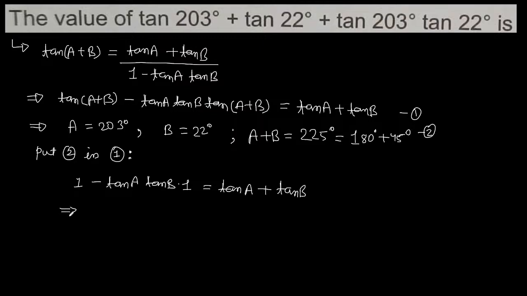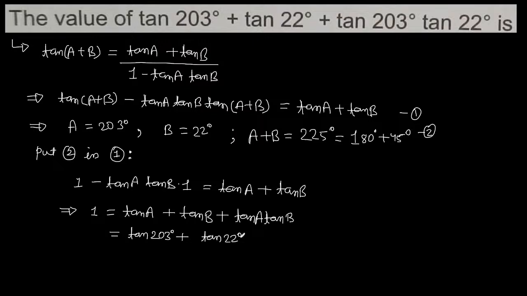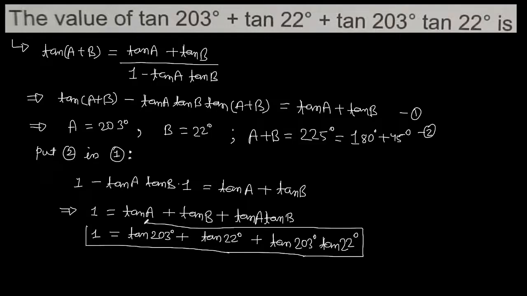So we can simply say that 1 is equal to tan A plus tan B minus tan A tan B, which is tan 203 degree and tan 22 degree. This is going to work.